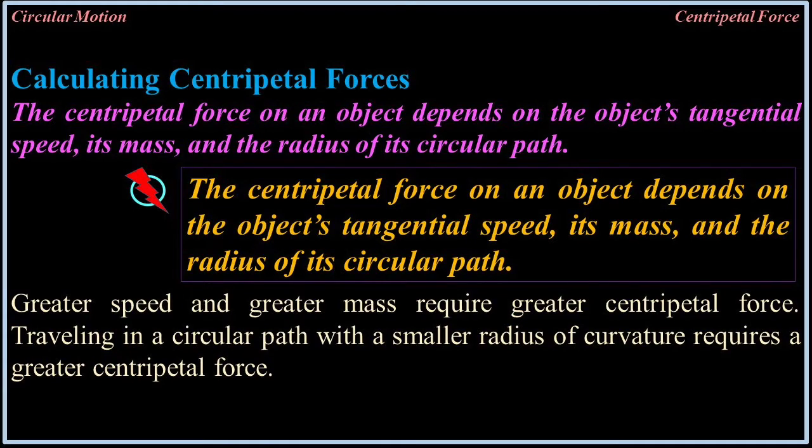Calculating centripetal forces. The centripetal force on an object depends on the object's tangential speed, its mass, and the radius of the circular path. Greater speed and greater mass require greater centripetal force. Traveling in a circular path with a smaller radius of curvature requires a greater centripetal force.